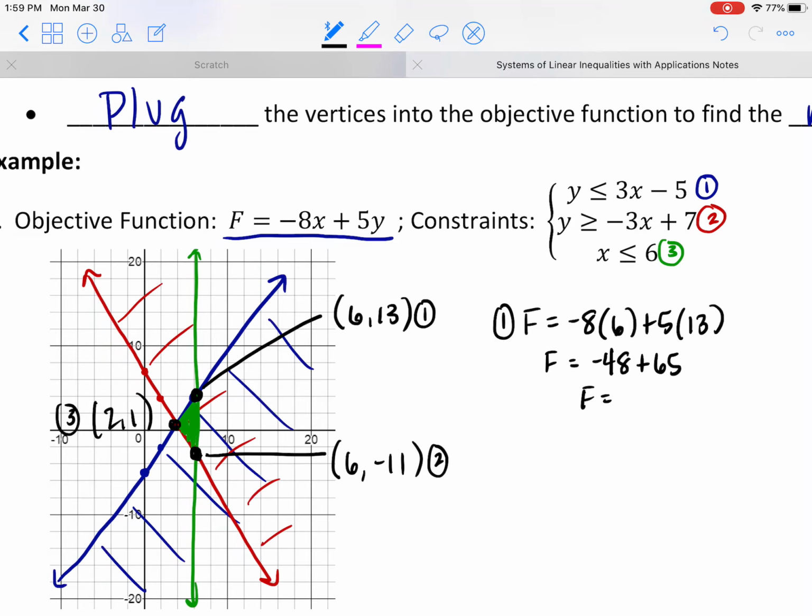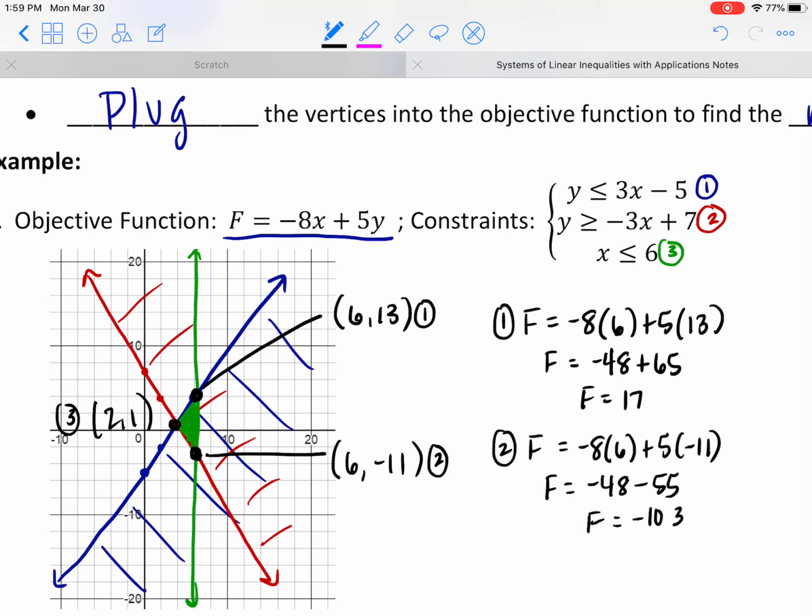So f is equal to, subtract, upside down here, that's going to be 17? Positive 17? Okay. Number 2, if I plug in this x and y, we have -8 times x is 6, plus 5 times y is -11. So f is equal to -48 and -55, which gives us a -103.